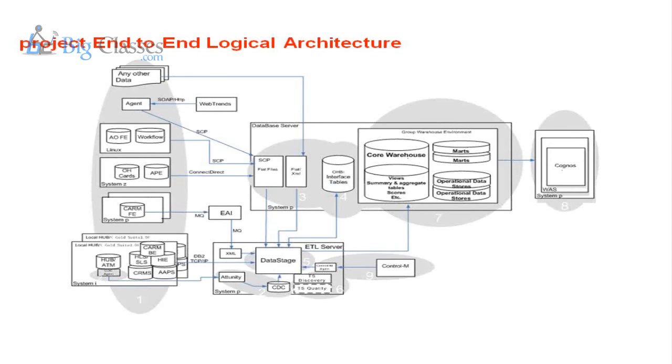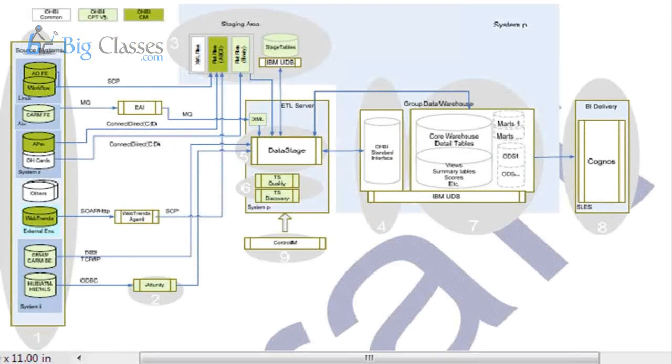These kinds of architectures are created by the architects of our project, whoever is working as the data warehousing architect. This architecture is given to the developers to understand the flow: what your sources are, what your target is.